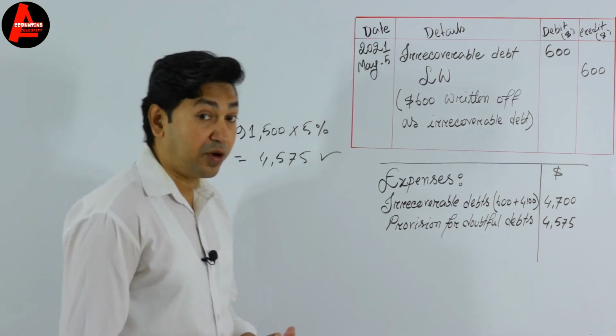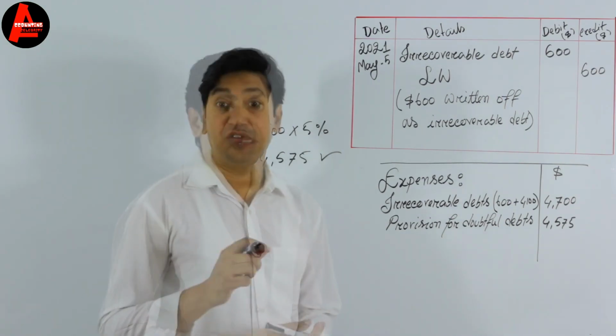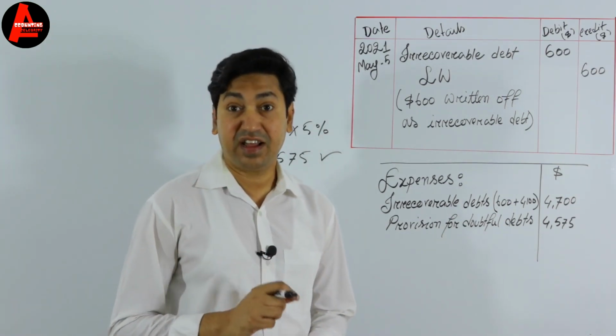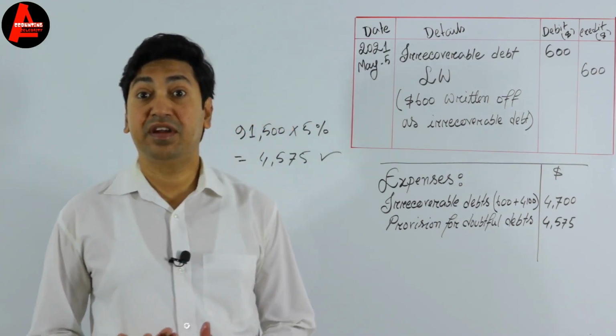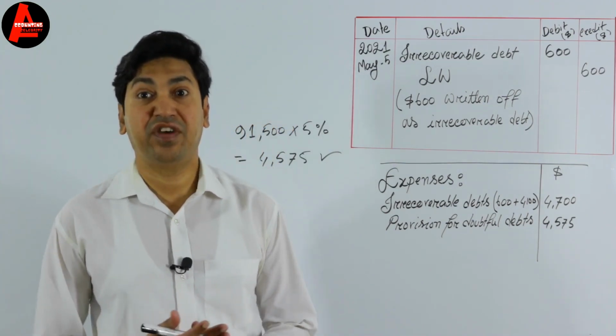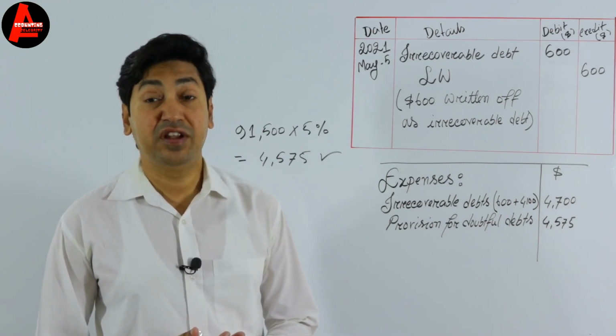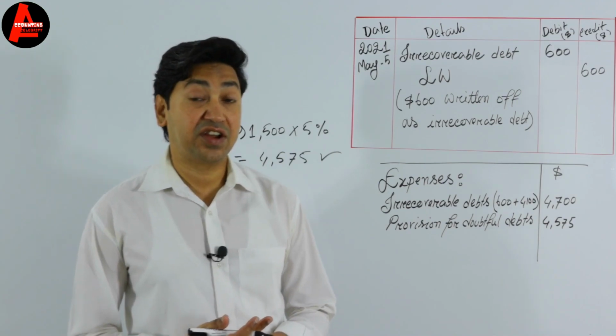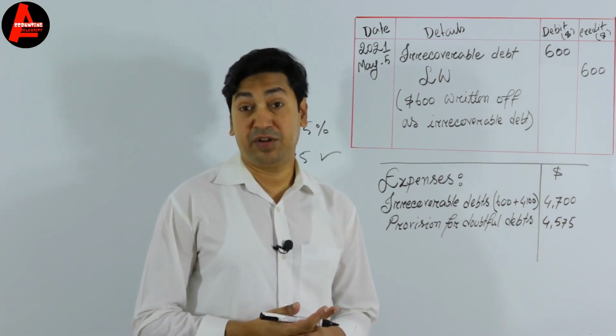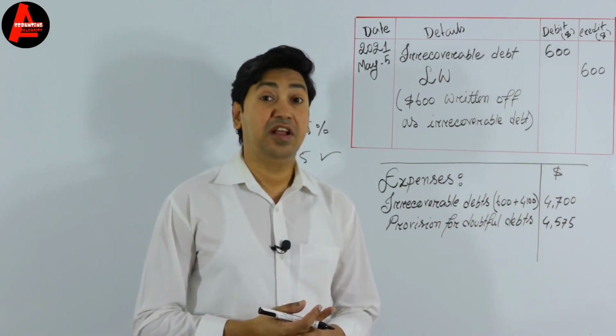What about trade receivables? It is a current asset, and a current asset appears on the statement of financial position, right? So now we will prepare the extract from the statement of financial position, which is also called a balance sheet.